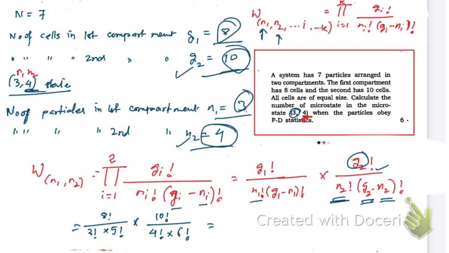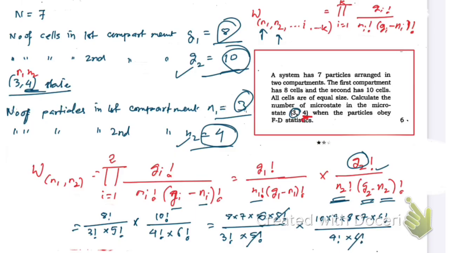So 8 factorial can be written as 8 into 7 into 6 into 5 factorial, so that we can cancel 5 factorial. 10 factorial can be written as 10 into 9 into 8 into 7 into 6 factorial, so that 6 factorial cancels.